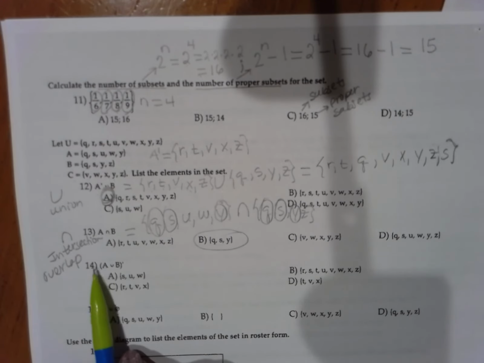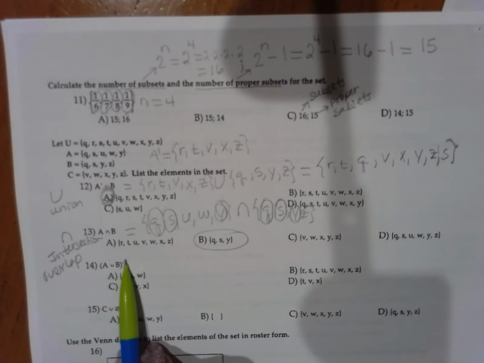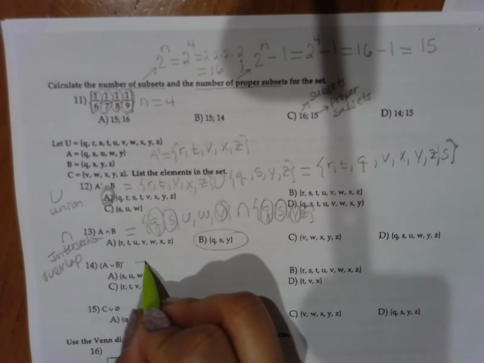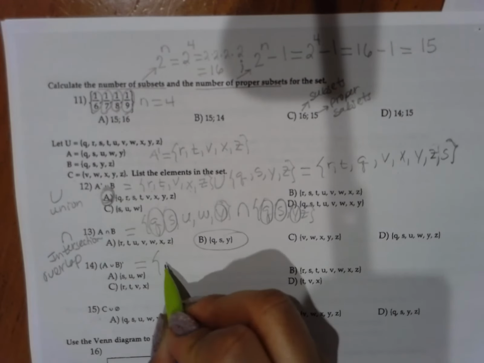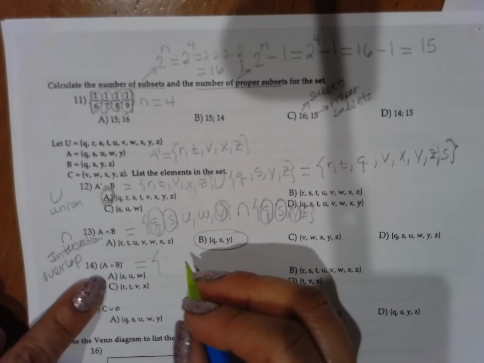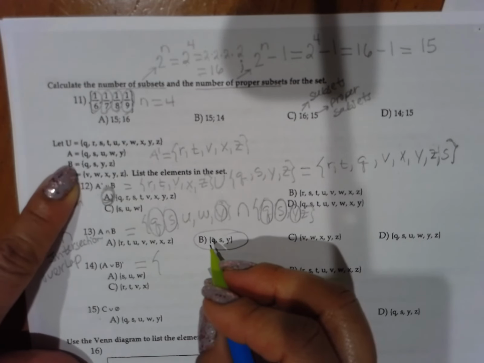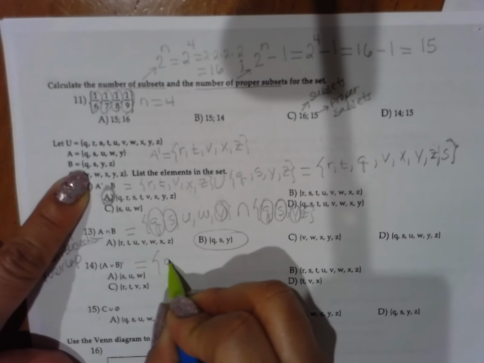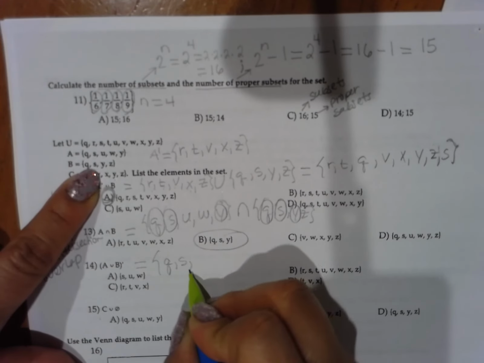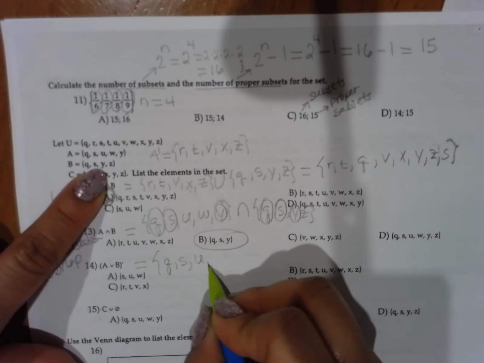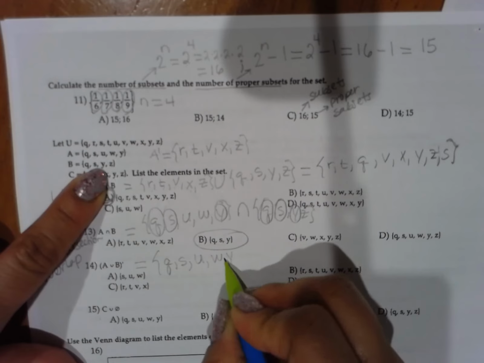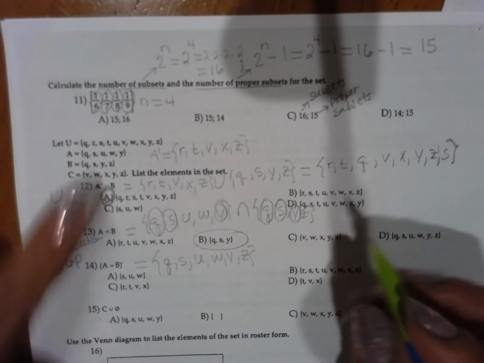On the next one, 14, A union B, then the complement of that. So what we should do is combine A and B and then find the complement of that union. So A union B, I'm going to use the original problems here. A union B, you need to have a Q, you both have an S, U, W, Y, and Z. So that is the union.